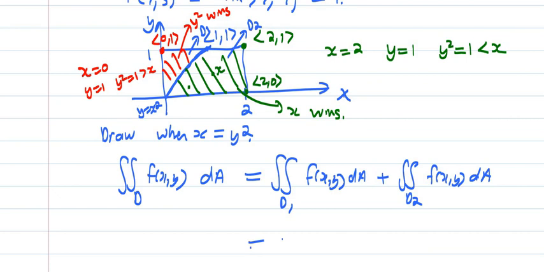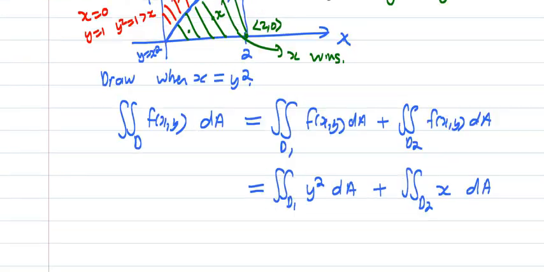But in region D1, who is more between x and y squared? Y squared wins. And on region D2, who is more, x or y squared? X is more.